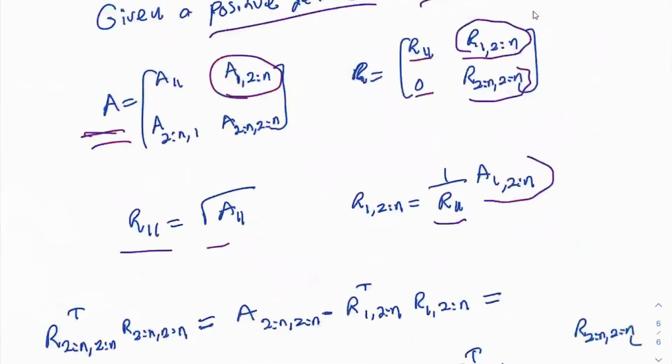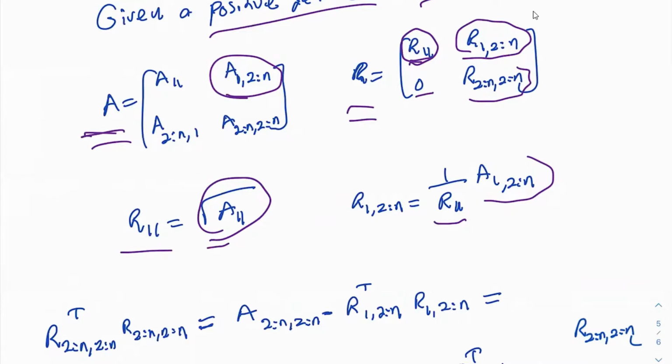This is R, right? Then you can actually find R in terms of A. So R11, which is also a scalar, is equal to the square root of A11, right? It's very important for the element on the main diagonal to be positive. If it's not positive, then this really doesn't make sense. So it's going to be the square root of A11.